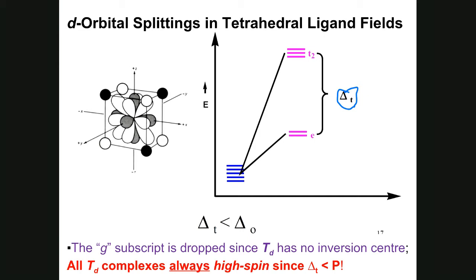That is because of the small splitting relative to the pairing energy, if you like. And as a result, these complexes will prefer to be high spin. They are always high spin, as per the statement at the bottom there. Keep track of that. This is because you've got fewer ligands and they are essentially weak field in any case. Tetrahedral complexes are formed from weak field ligands.